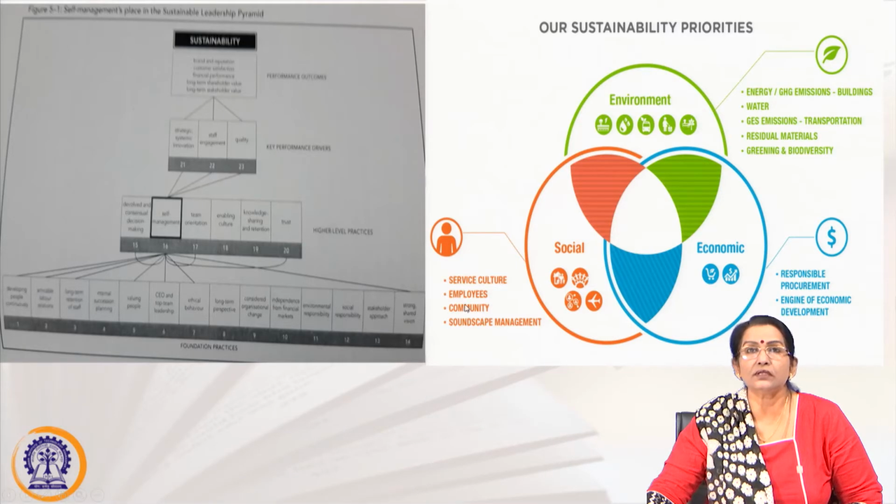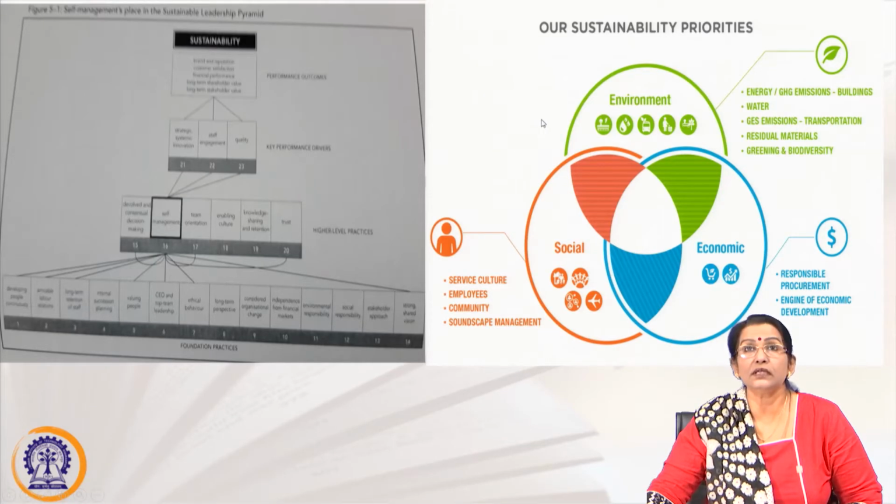The social dimension is more towards community well-being, employee well-being, service culture and work culture. It includes soundscape management, how to reduce noise and environmental pollution, the healthy state of mind, mental and physical health of stakeholders, and community involvement and engagement.